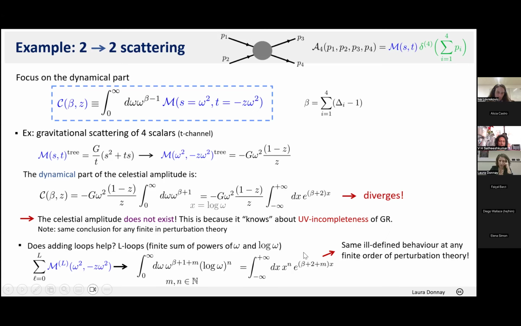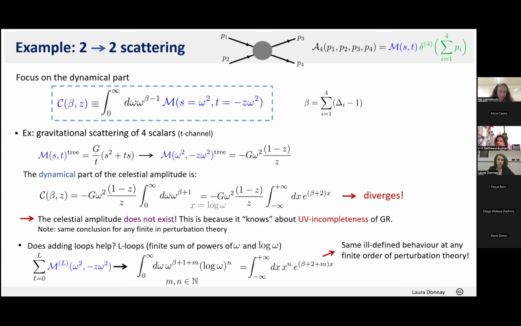Essentially it's the same story, except if beta plus 2 plus m is purely imaginary, which again, there is no reason for this to happen. This is ill-defined. And even if beta plus 2 plus m is imaginary, then you can do this integral, but you get a derivative of a delta function. So, it's not much better behaved.